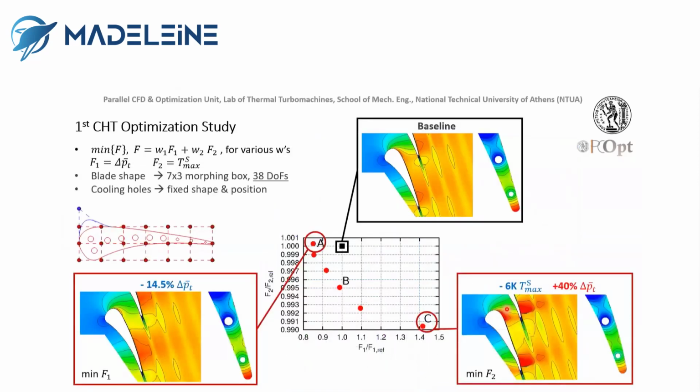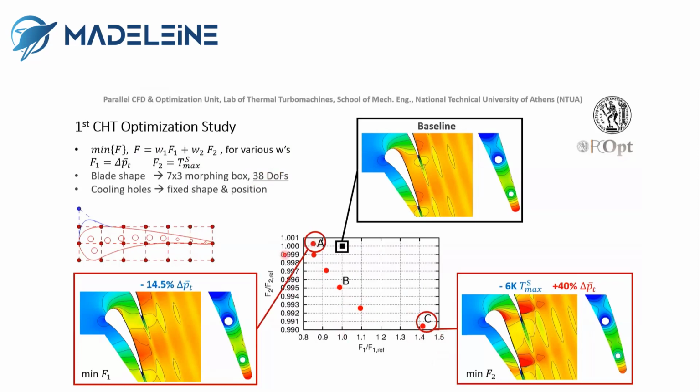The first CHT study targets the minimization of the total pressure losses and the minimization of the maximum blade temperature. This is handled as a single objective optimization problem by appropriately weighting the objective functions. In this case, only the blade shape is allowed to vary. Using different sets of weights, we come up with the front of non-dominated solutions, which is shown in red.